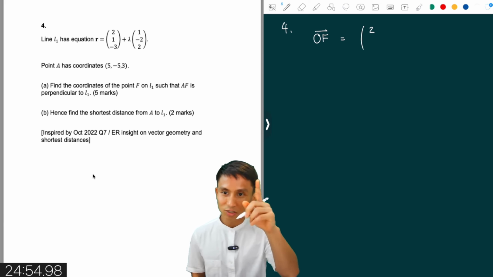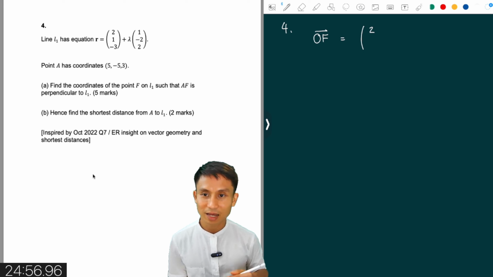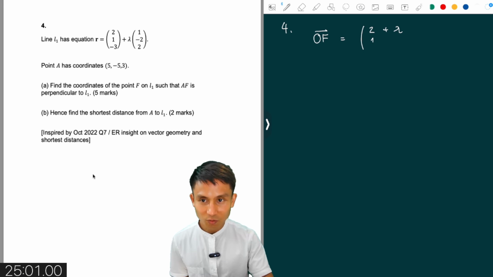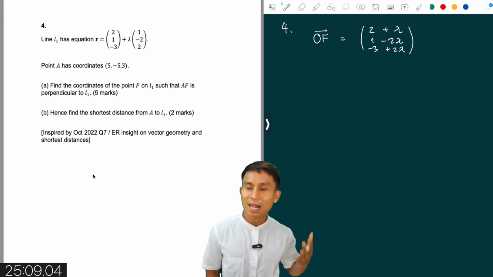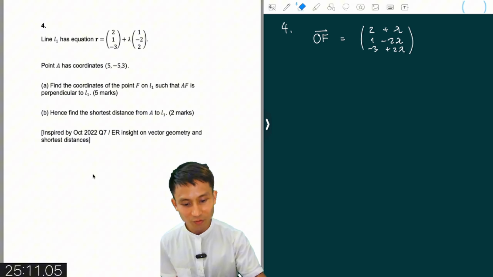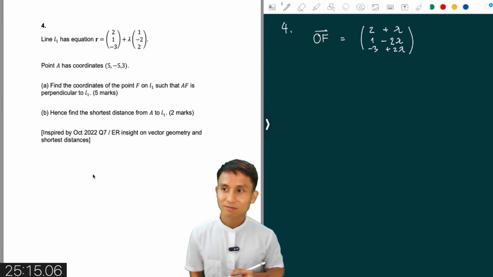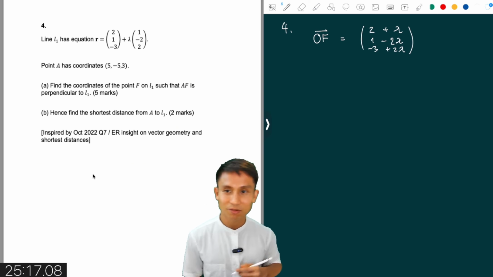So if you merge the two column vectors there from the r, you get this, right? So there's 1 minus 2 lambda, and then minus 3 plus 2 lambda. You can already do this, where lambda is some value which you don't know yet, and you probably have to find it. In order to get F, you need to find the lambda for F.